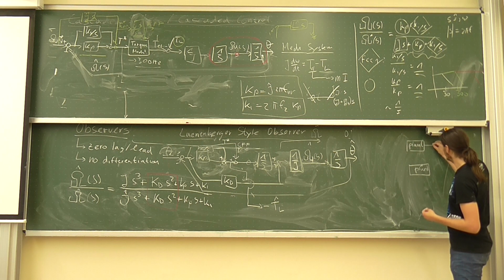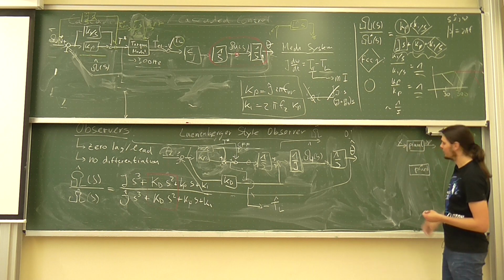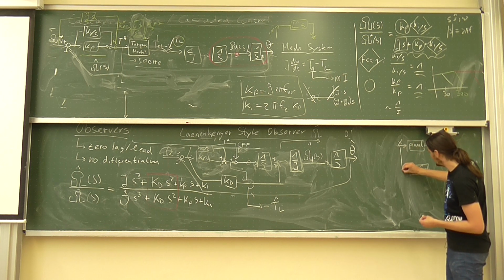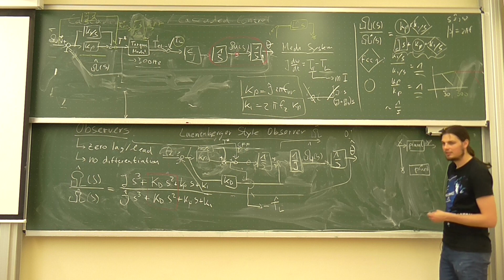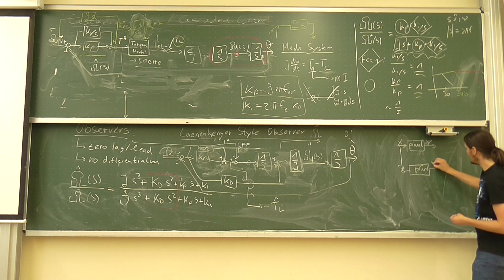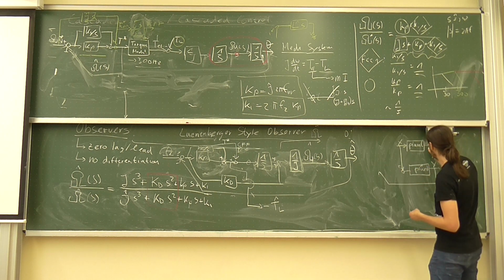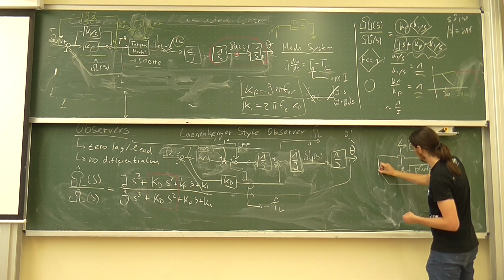We have the state, let's call it X. Well, let's call it Y, the input X, whatever you want to call it. And we supply it with the same input. Then we have an estimate of this, and build a controller on it.